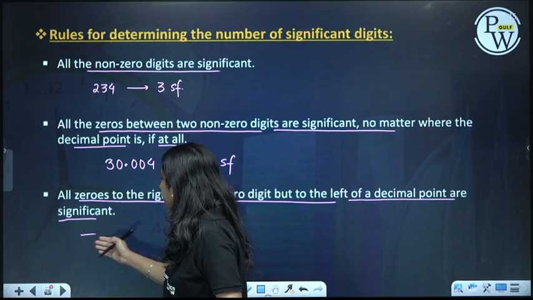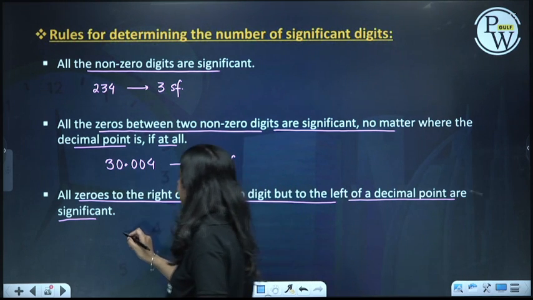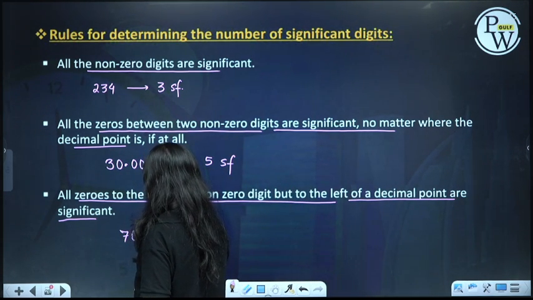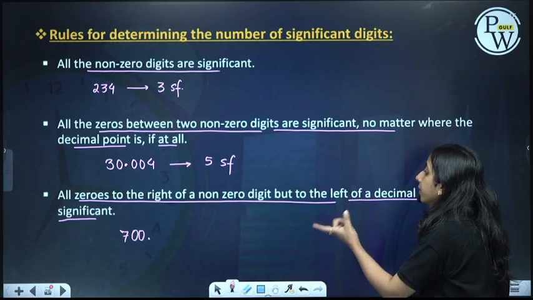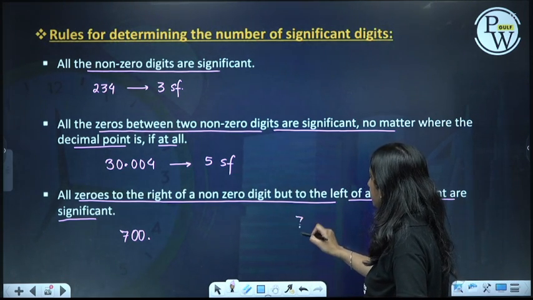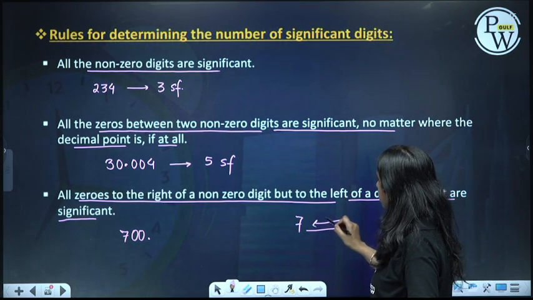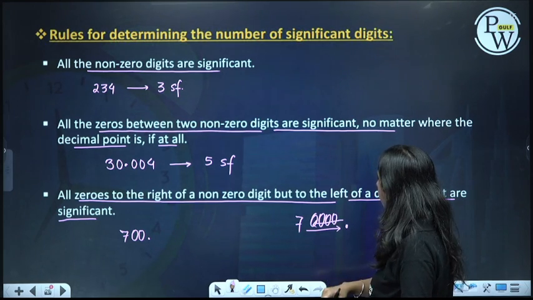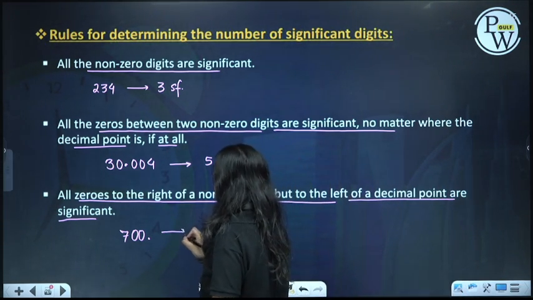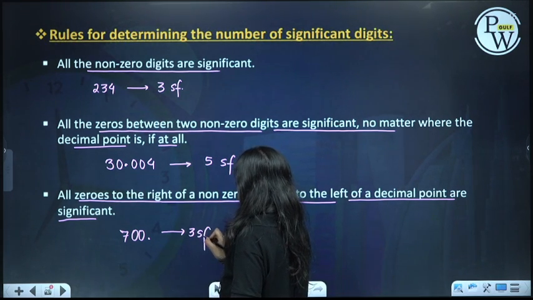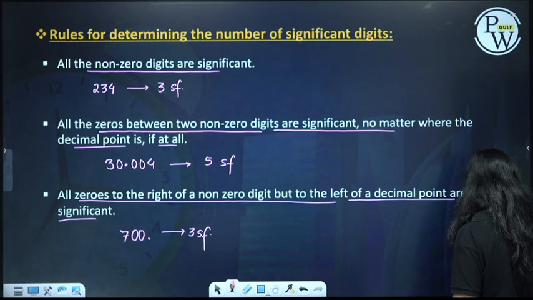Like 700. Here, all the zeros on the right side of the non-zero digit 7 and left of the decimal are significant. So this will have three significant figures.